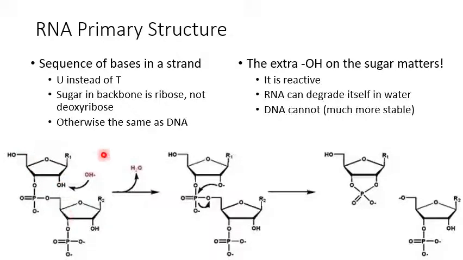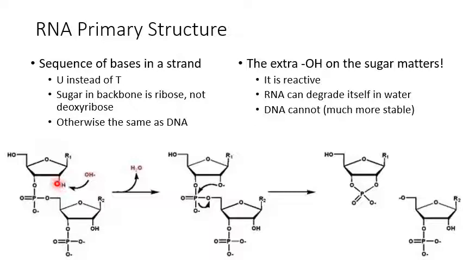If you have a free hydroxyl group floating around in the cell, which you will because you have water in the cell and it's going to spontaneously react to form these free hydroxyl groups, you're going to have a reaction between this hydroxyl group and this oxygen.